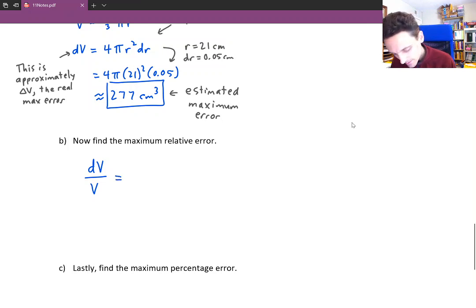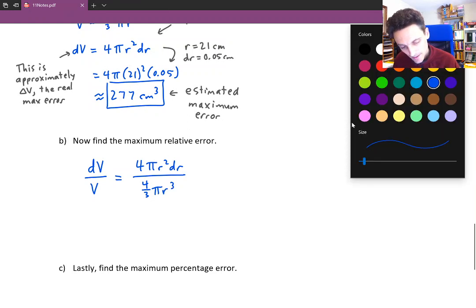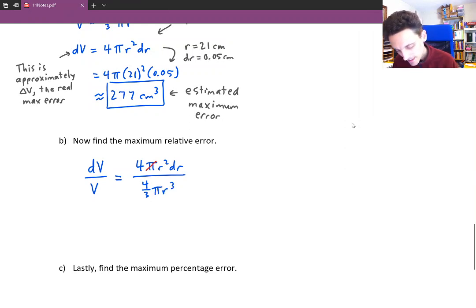Now here, the estimated change in the volume was given by 4 pi r squared dr. The volume itself, the formula was 4/3 pi r cubed. And here we'll get a couple of pi's canceling, some r's canceling, a 4 will cancel, and the 3 will flip up on top. So you'll end up with 3 dr over r.